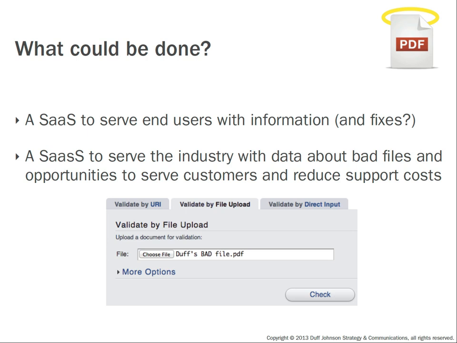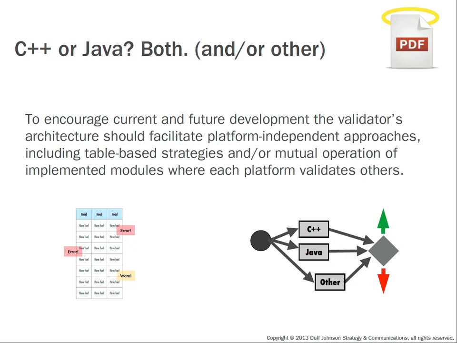But the idea would be that when people test their files against the server, and if they turn out to have a problem according to the server, the file might come to you. It might be useful for testing purposes, it might help you figure out problems with the software, and it might even be possible to return fixes to the end user.